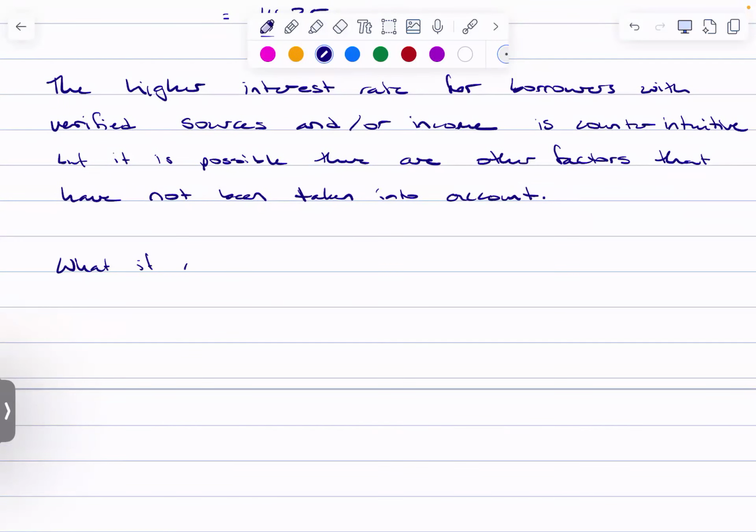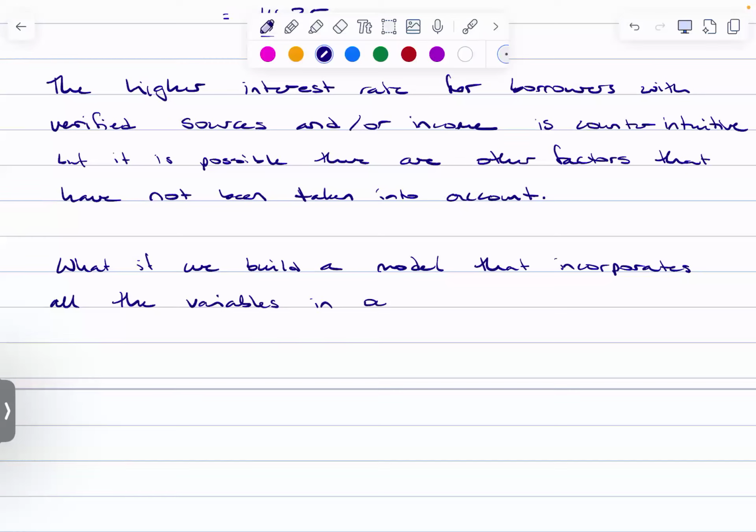what if we build a model which incorporates all the variables in our data set, right? That may be a lot of them, and it may be a few of them, depending on the size of your data set. But usually we have a reasonable number of variables. And so what if we build a model that incorporates all the variables in our data set?